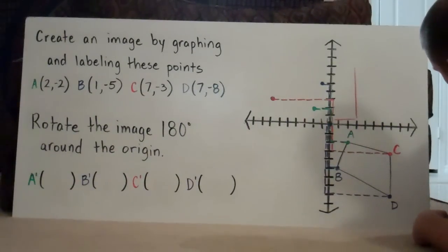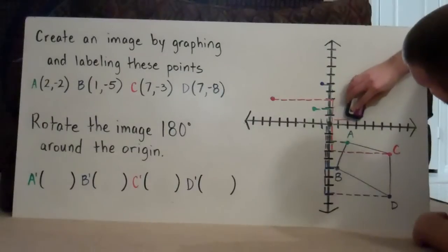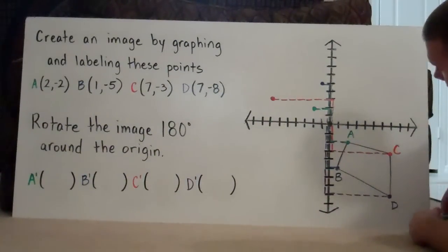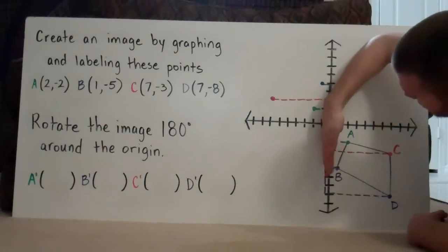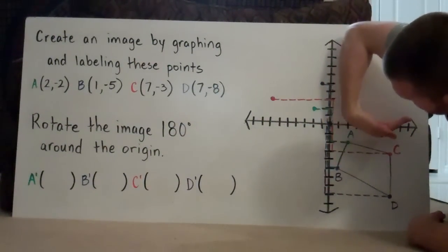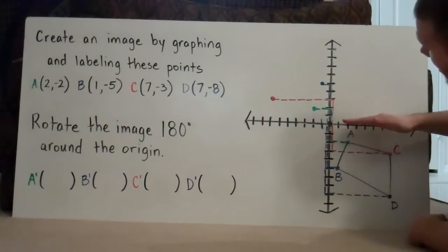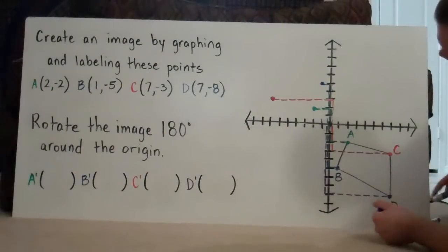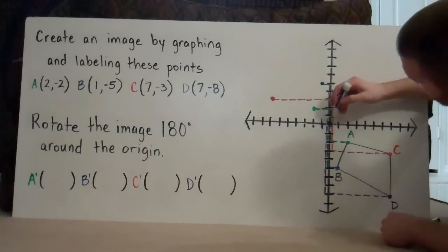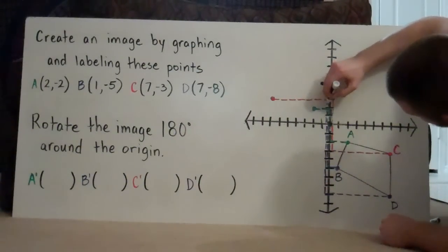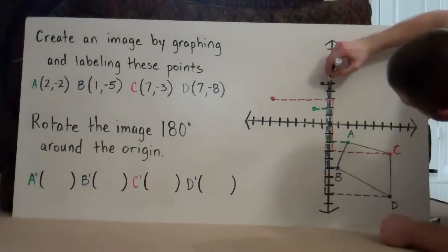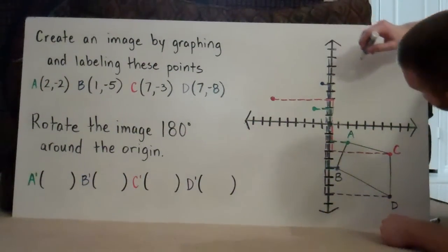Well, again, class, I can erase this now. If I rotate this up 90, this line coming off the origin is going to rotate up 90 degrees. That's 90, but then we have to go another 90 to make it 180. So this line is going to be going up 8, 1, 2, 3, 4, 5, 6, 7, 8 units.